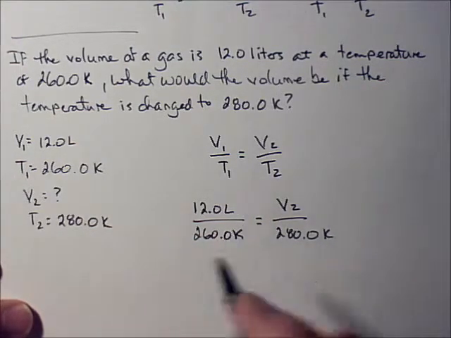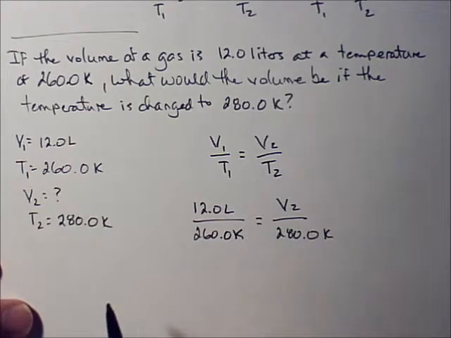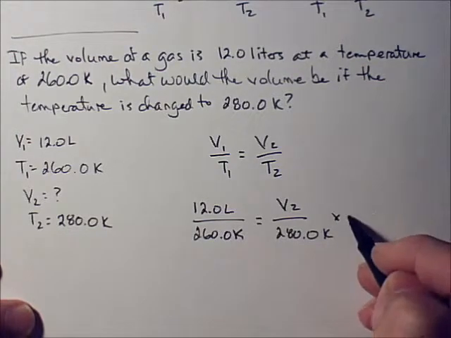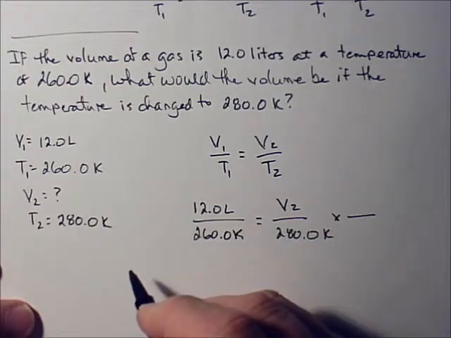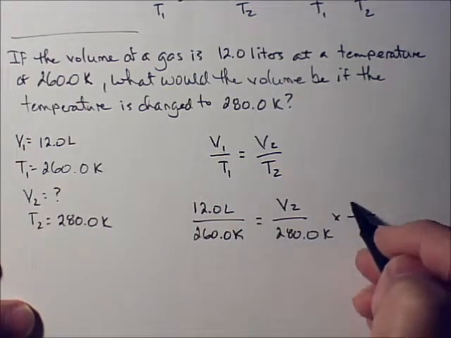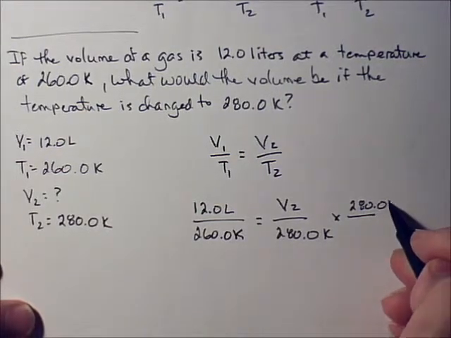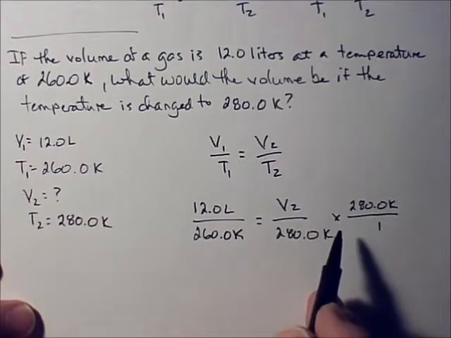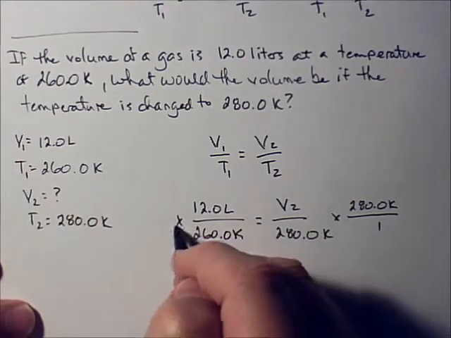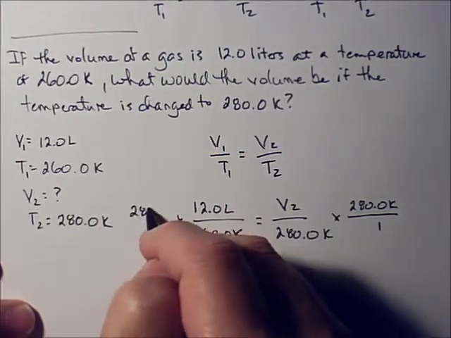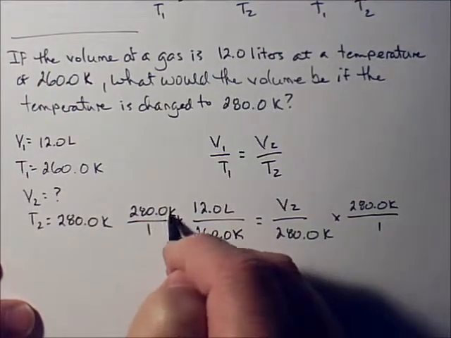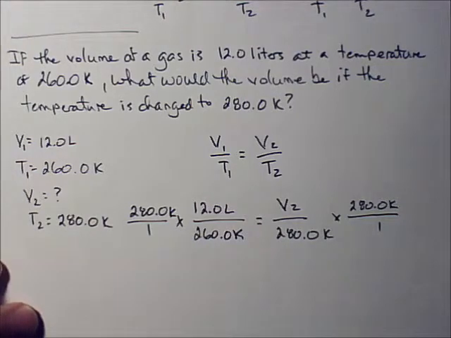Isolate the unknown. How would I get V2 all by its lonely little self? What would I do? Multiply by 280.0 K over 1 on this side, but if I do it to this side, I have to do it to the other side. Good. Somebody had a good algebra teacher. Well, you remember it anyway.